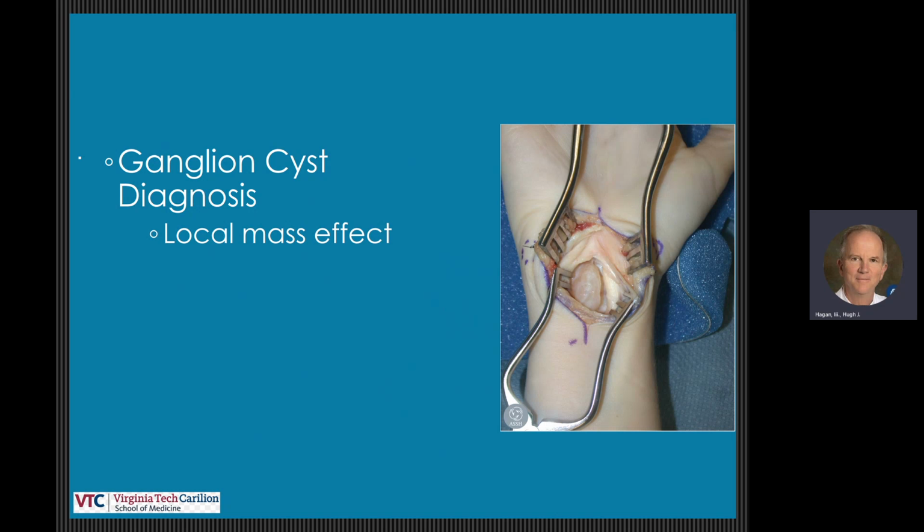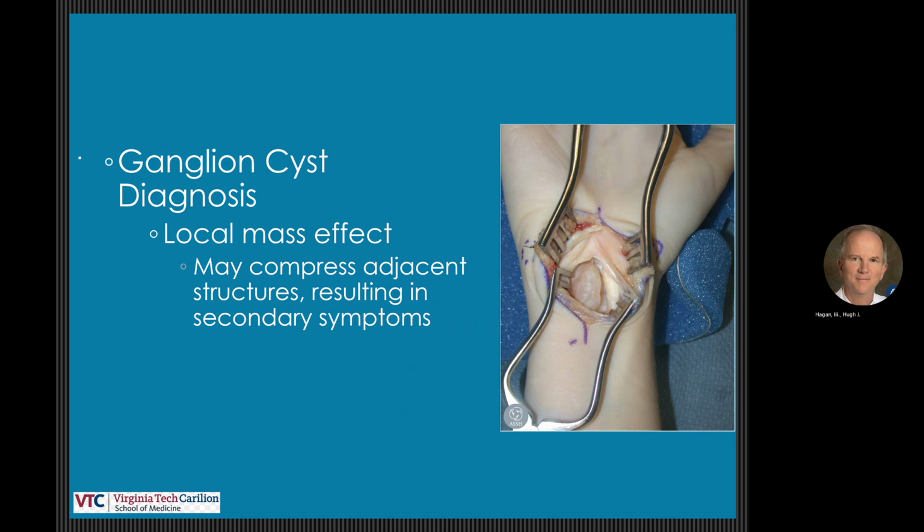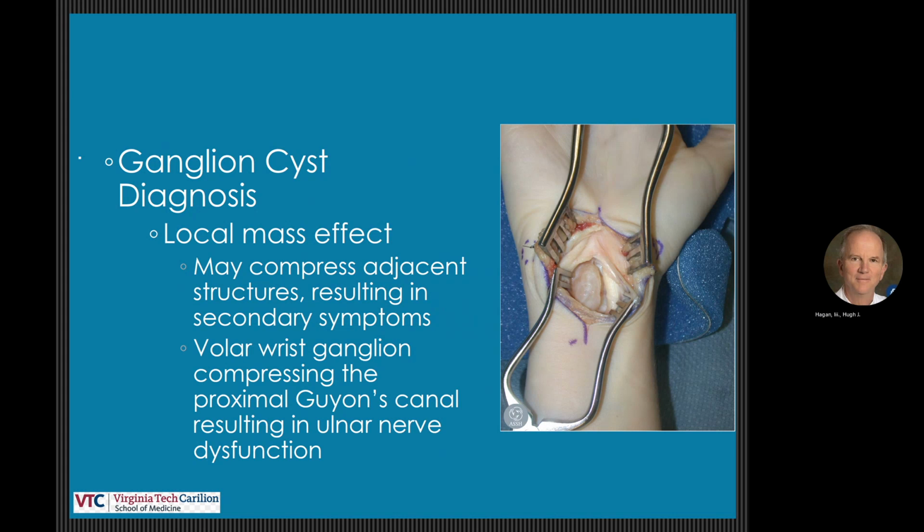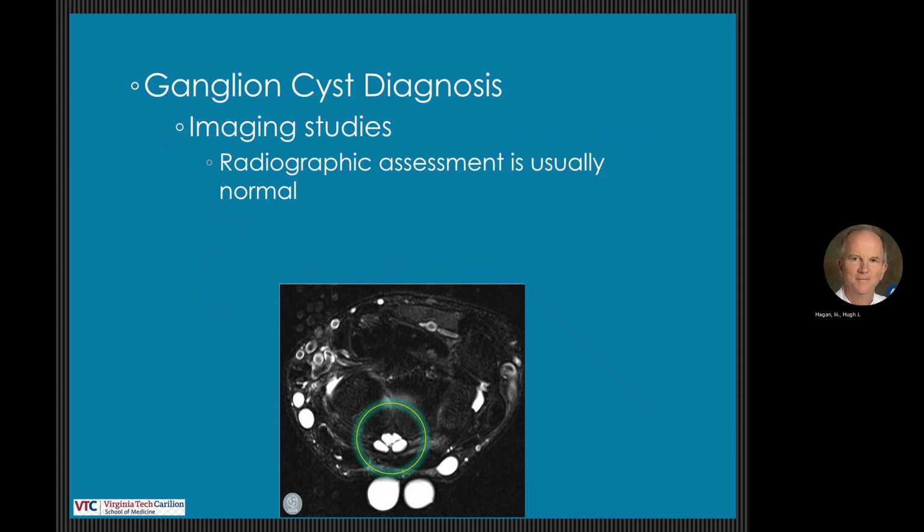They can exhibit a local mass effect, such as this example taken from the Hand Society's instructional lecture on ganglion cysts and tumors, in which a ganglion cyst is present in Guyon's canal. Diagnosis is also based occasionally on imaging studies.